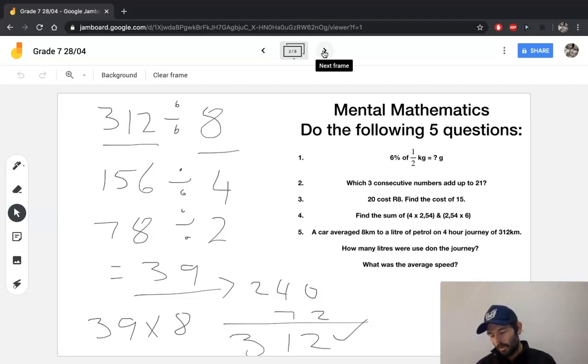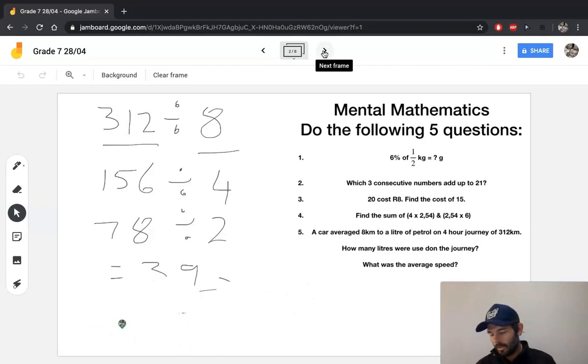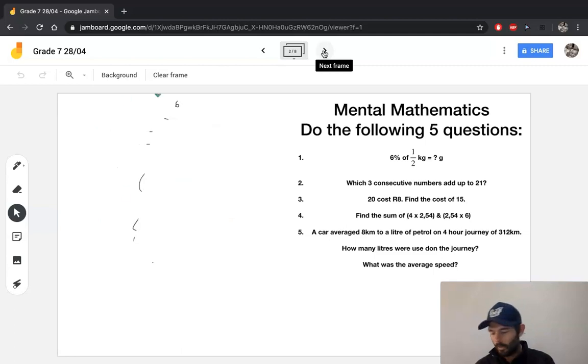Okay, then they want to know what our average speed was. If I've done 312 kilometers in 4 hours, my average speed is going to be per hour. So I need to know 312 divided by 4.